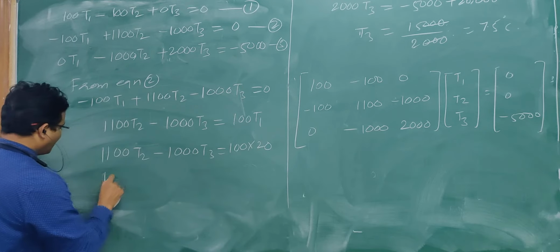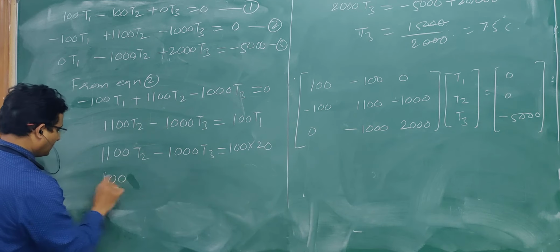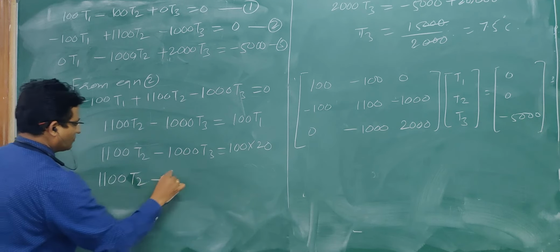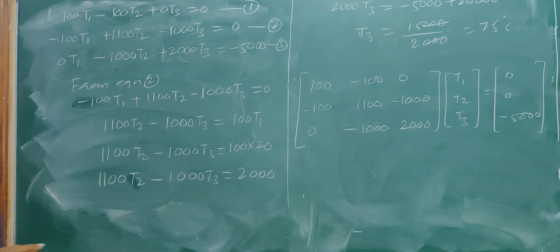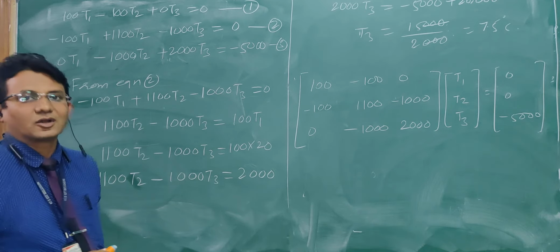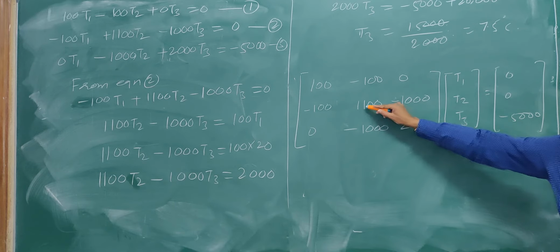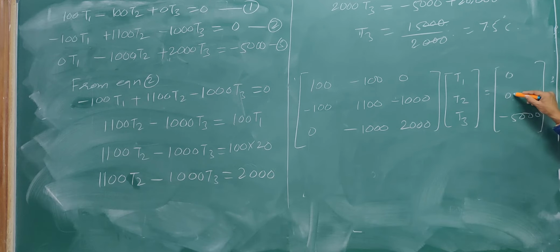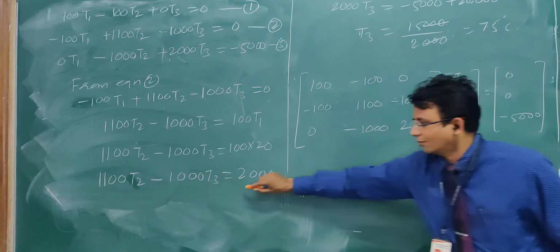So this becomes 1100 T2 minus 1000 T3 equal to 2000. Now we can delete the first row and first column of the equilibrium equation, but the force vector of the second row will change to this value, that is 2000.